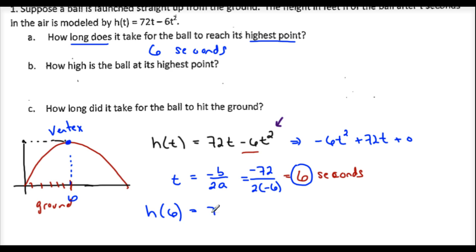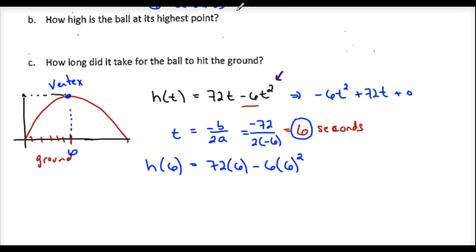equals 72 times 6 minus 6 times 6 squared. So h of 6 equals 72 times 6. What is 72 times 6? 70 times 6 is 420. 420 and 12 is 432.